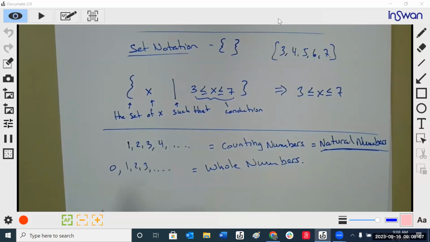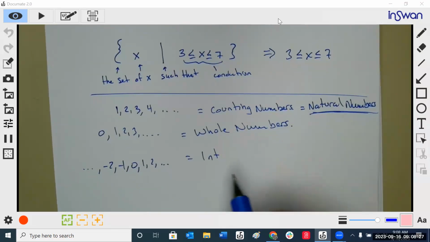That still wasn't enough because what about the other side? Once we have subtraction, we now have to worry about negative numbers. So we invented negative numbers, the 0 in the middle, and everything else. We call those integers.